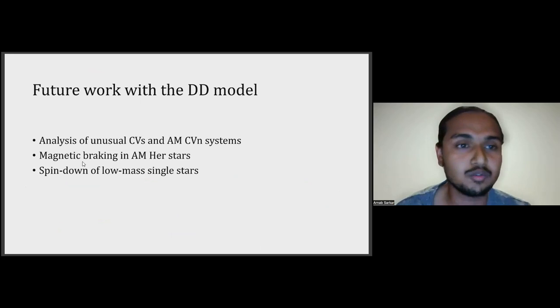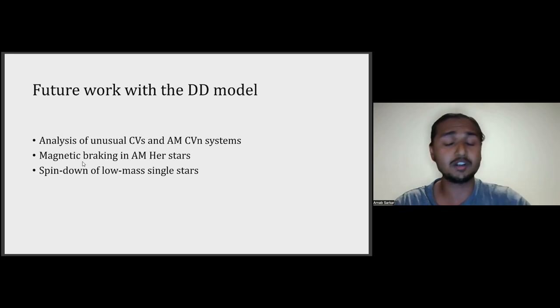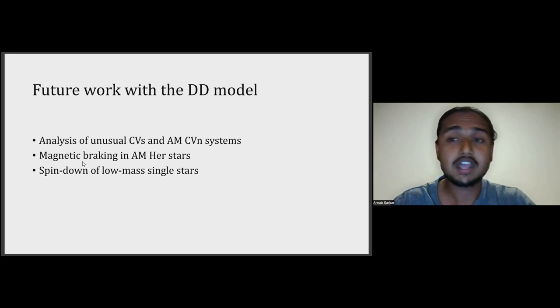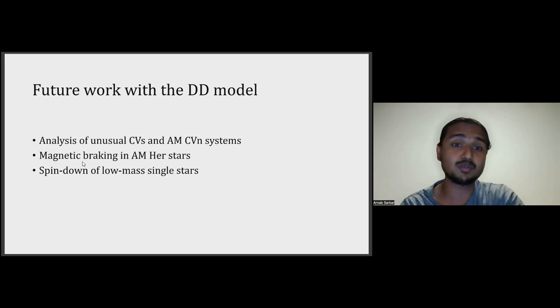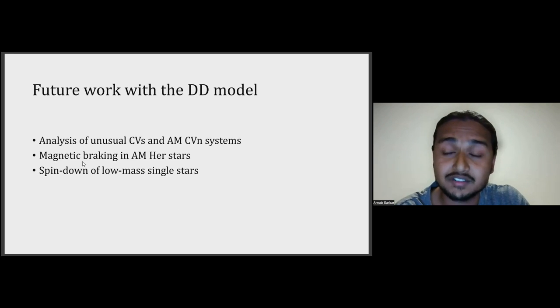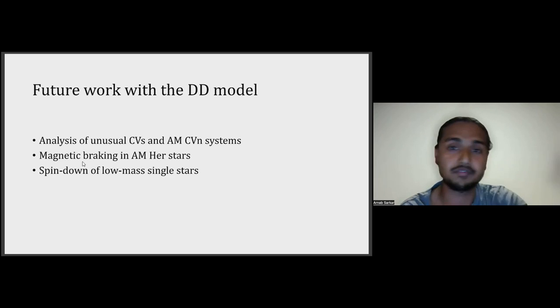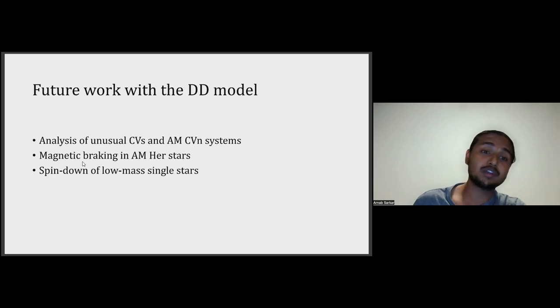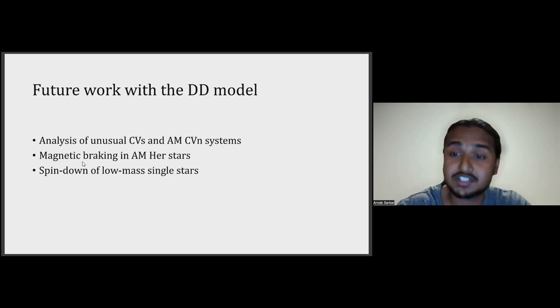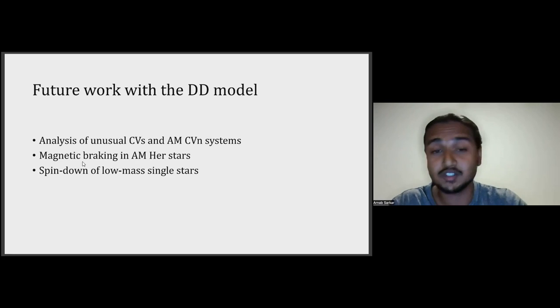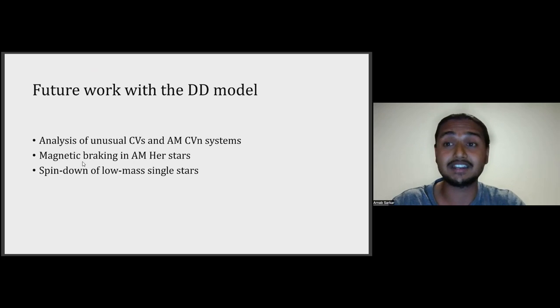Finally, I would like to conclude by saying what we can do in the future with the DD model. First, we can analyze unusual CVs or AM-CVN candidates, which will further strengthen or weaken our claims of the DD model. We can also look at magnetic braking in AM-Her stars. AM-Her stars are CVs where the white dwarf has a magnetic field.